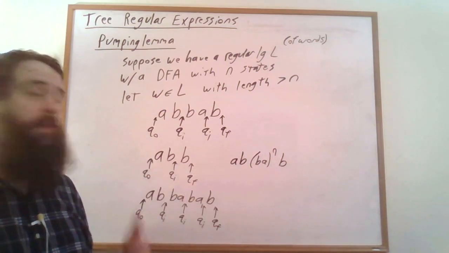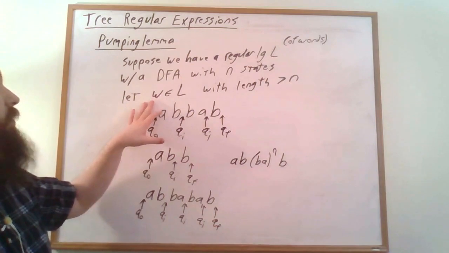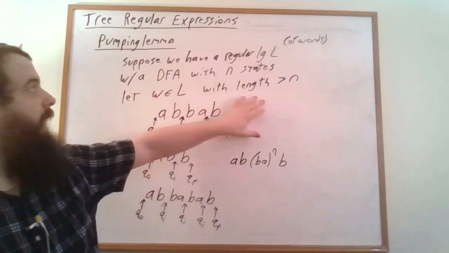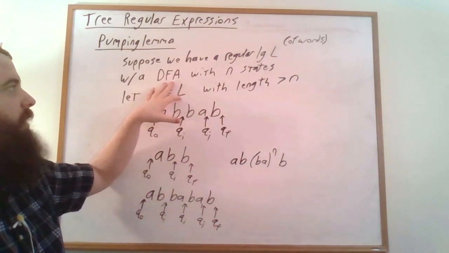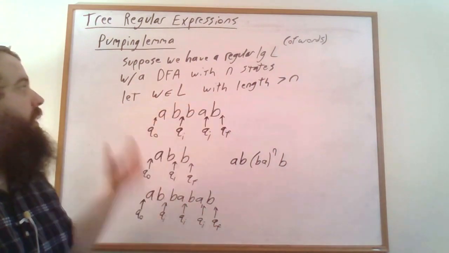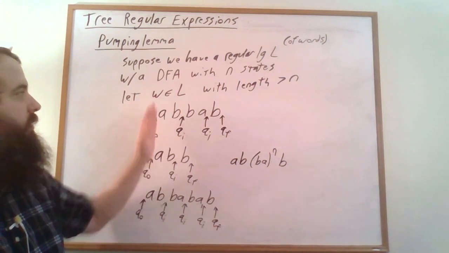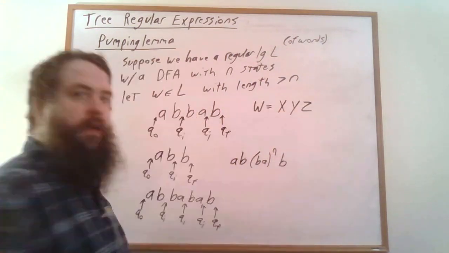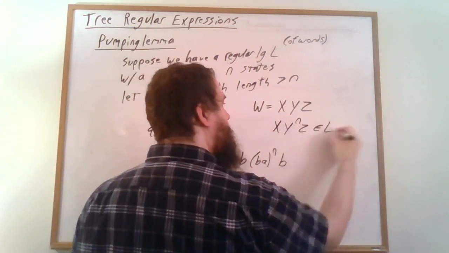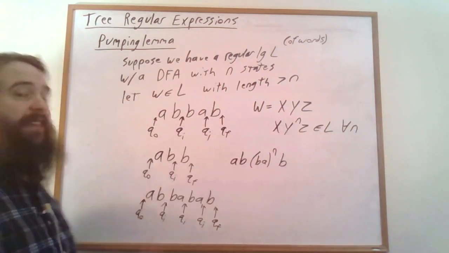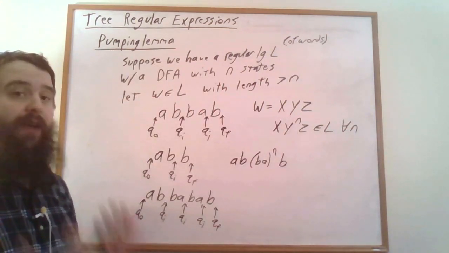And the pumping lemma says that anytime we have some sort of word with more characters than the finite automaton has states, we can always break the word up into 3 pieces such that x, y to the n, z is in our language for every n.